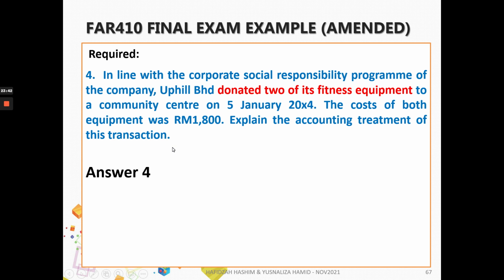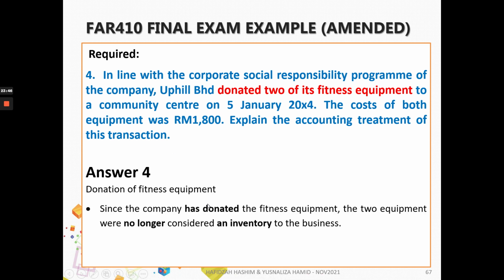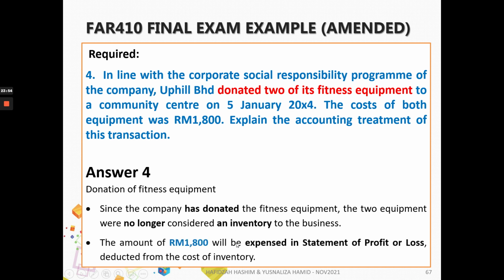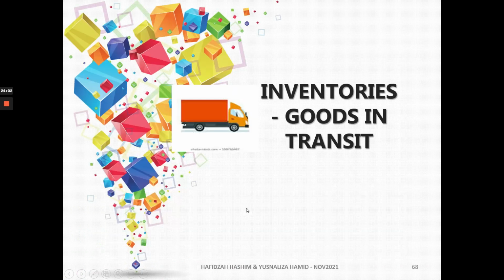It will now be an expense. So what is the accounting treatment? Since the company has donated the equipment, it is not an inventory. It has to be excluded from the inventory list, but now included as an expense in the statement of profit or loss. So debit donation expense, credit inventory.